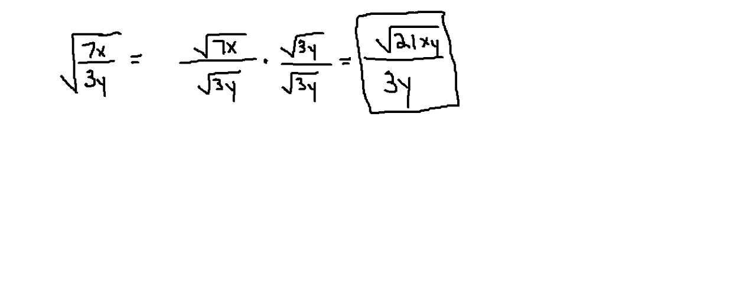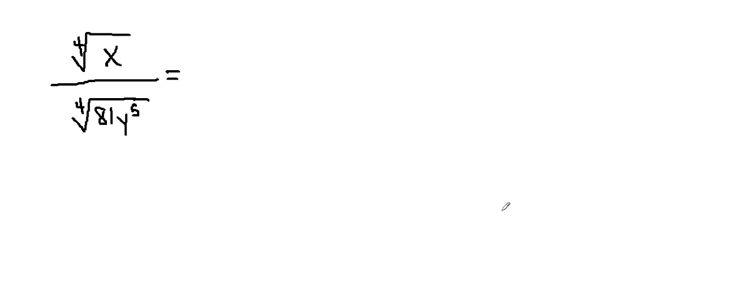Next. Okay, let's see what we have here. This is a little bit challenging. As I'm doing this, I'm looking at the fourth root now of these things. So let's simplify this a little bit. The fourth root of x is just the fourth root of x. Keep that with me.